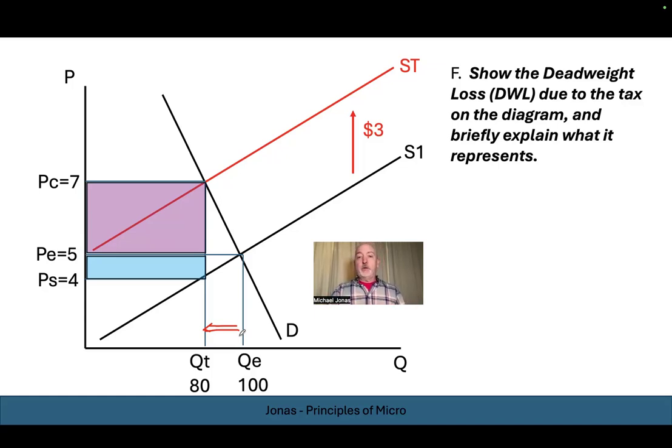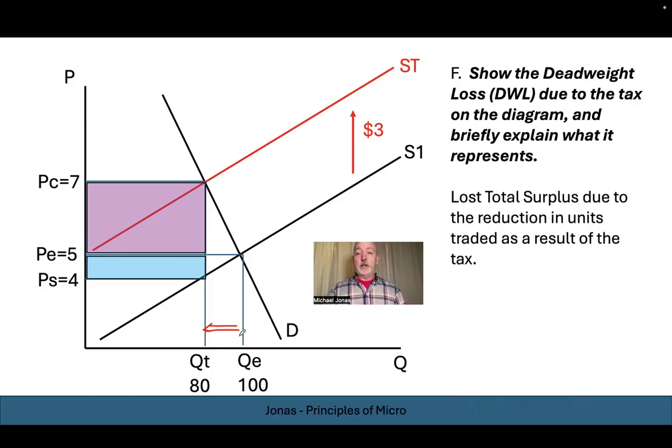Each of those 20 units that are no longer being consumed or sold had a consumer surplus and a producer surplus attached to it. Those are no longer occurring, so that surplus doesn't exist, and that's what's known as our deadweight loss, right? So when you're asked to explain a deadweight loss, it's that lost social welfare, that lost total surplus due to a movement away from equilibrium.